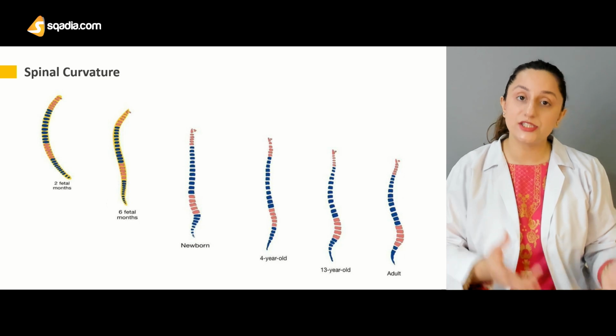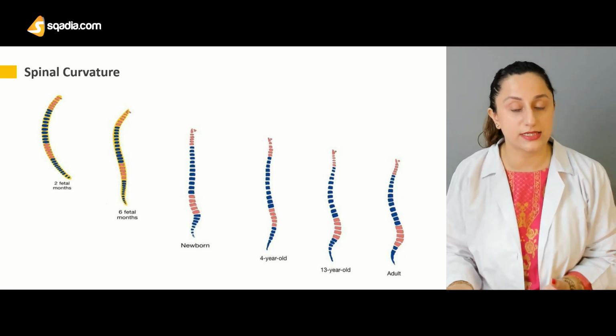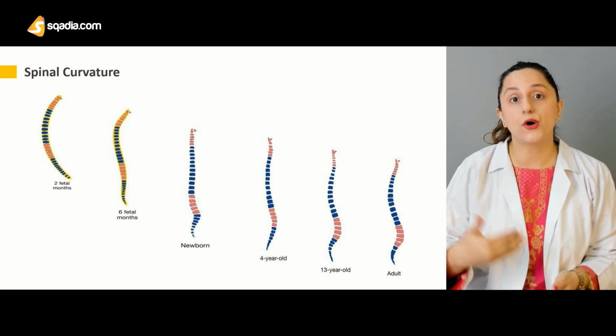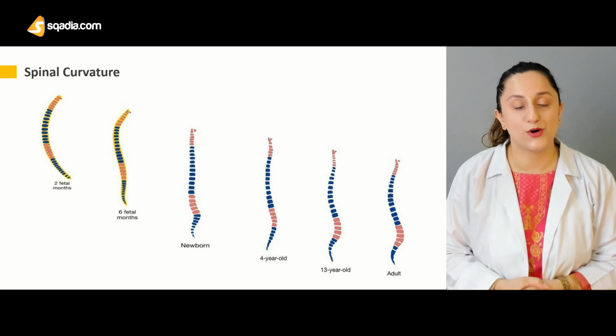So differentiating pathological kyphosis from a normal kyphotic structure or a lordotic structure present in the spine is very important over here.